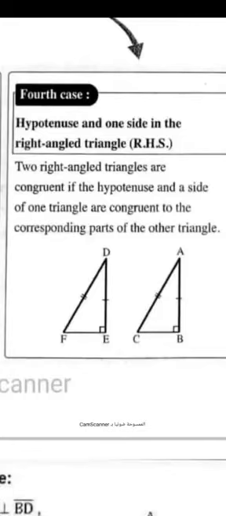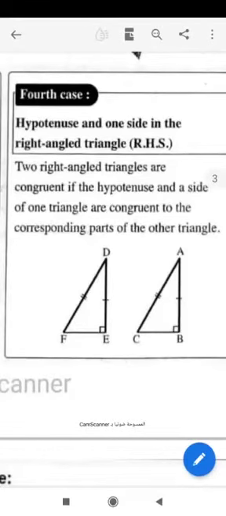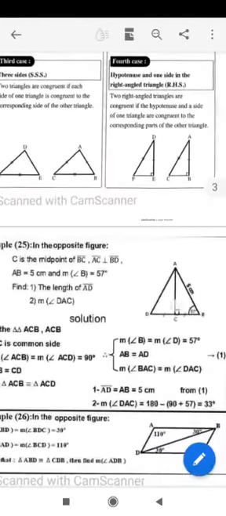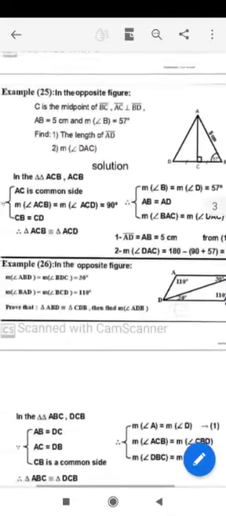Then we can say triangle ABC is congruent to triangle DEF. We call this case RHS. It means right angle, hypotenuse, and side. Now we can take some examples for congruence.